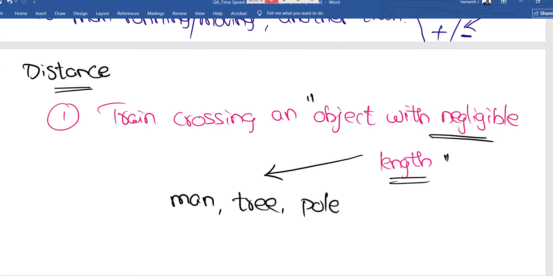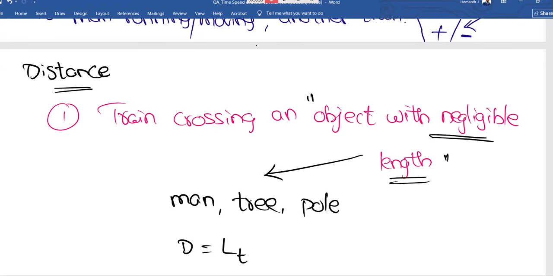If a train is crossing a man or pole or tree, man standing or sitting or running or walking, whatever it may be, the distance will be the length of the train only.